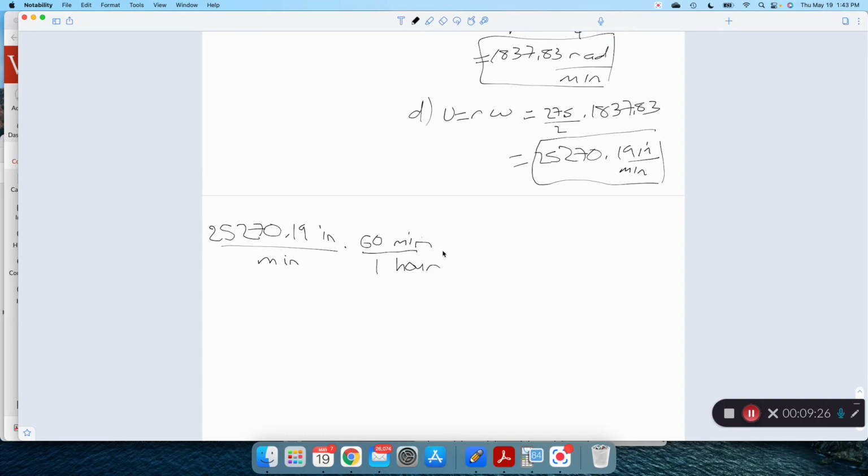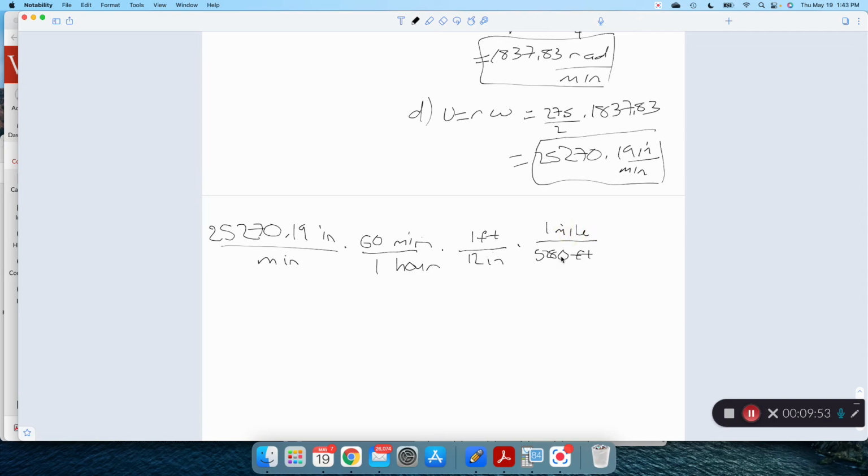Okay, what about inches? Well, I know there are 12 inches in a foot. So I could do 1 foot over 12 inches. I want inches on the bottom, so they'll cancel that inches on the top. And then how many feet in a mile? I know there are 5,280 feet in 1 mile.